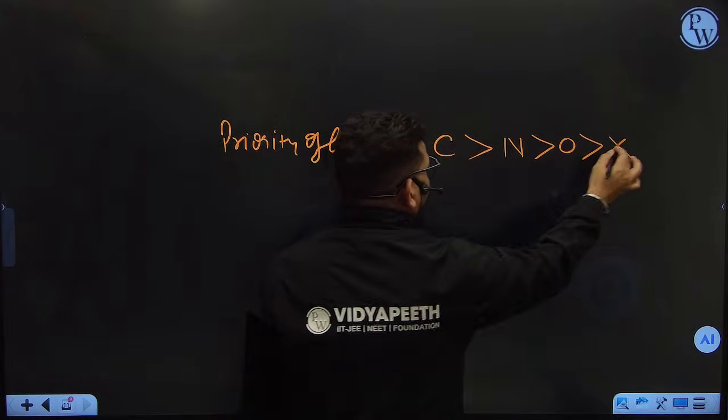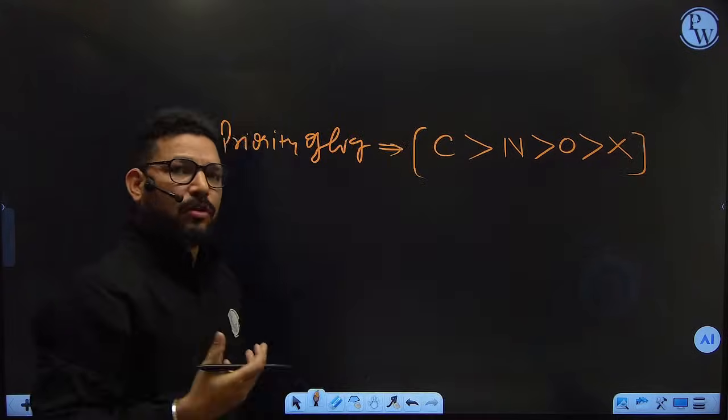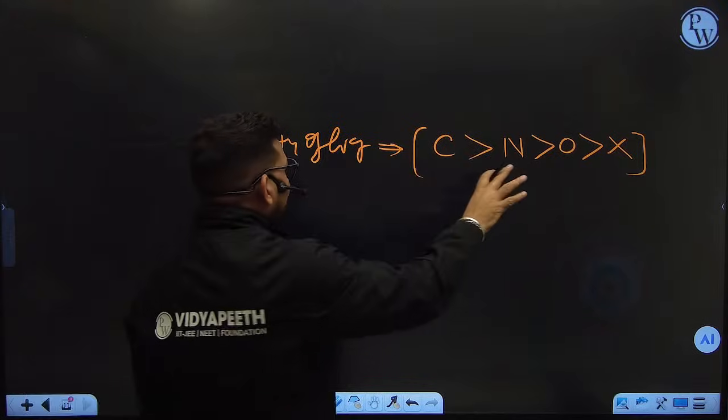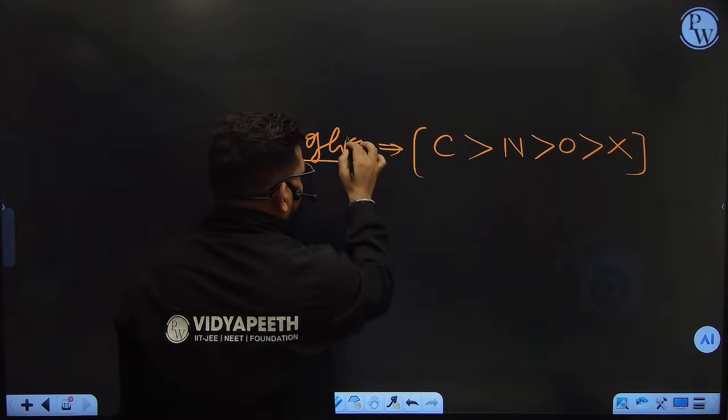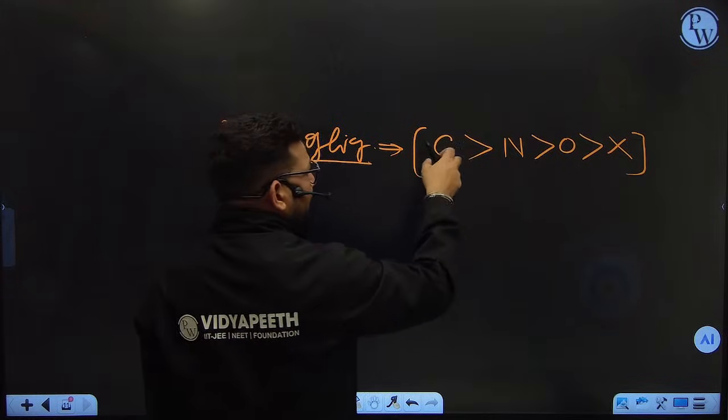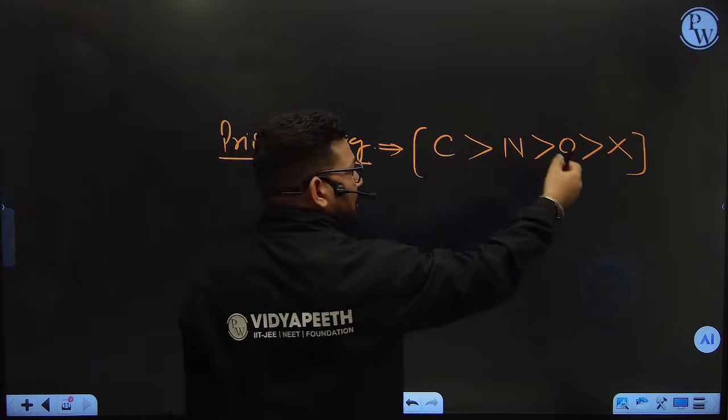This is a short way to arrange the ligands on the basis of their strength. So the donor carbon is the higher one, then nitrogen, then oxygen, then halogen.